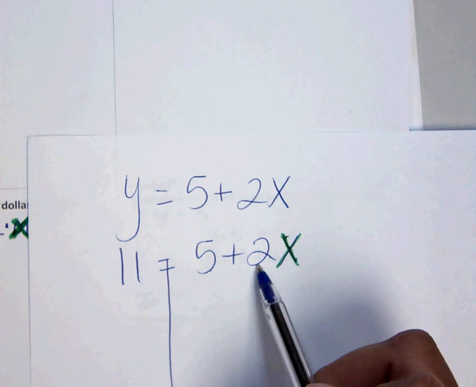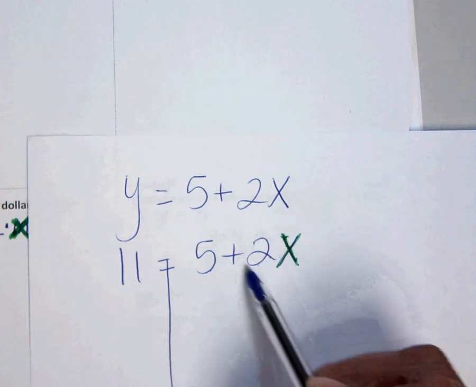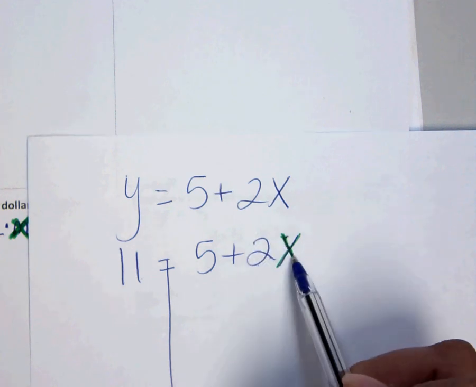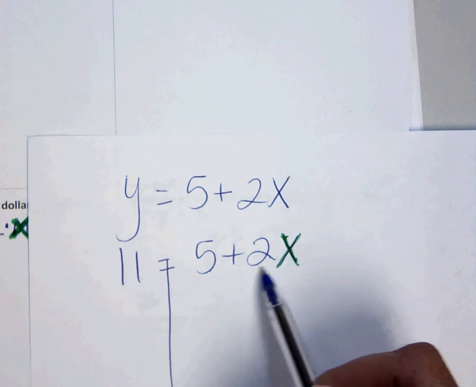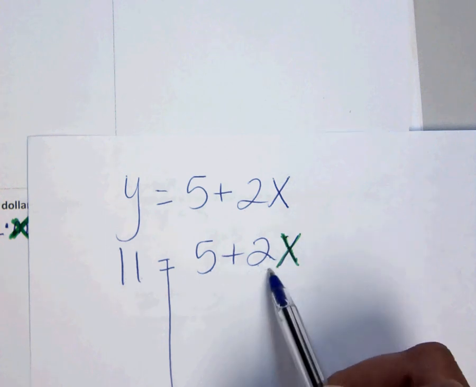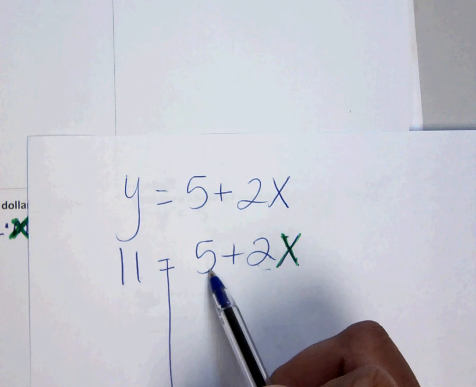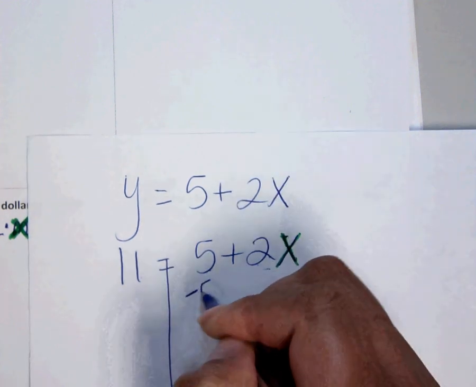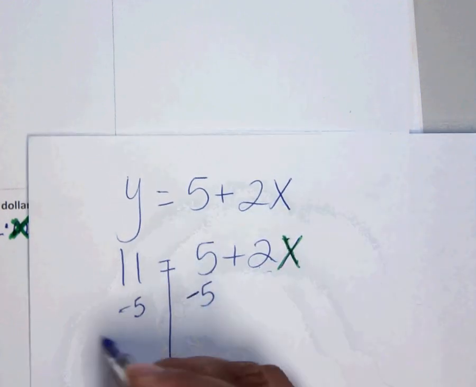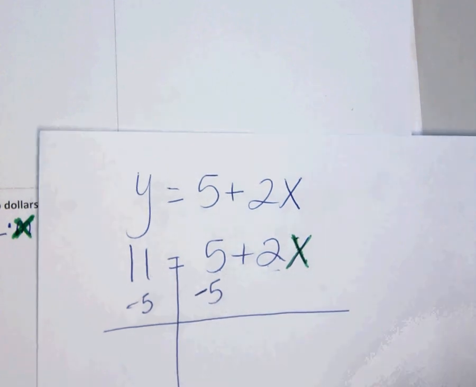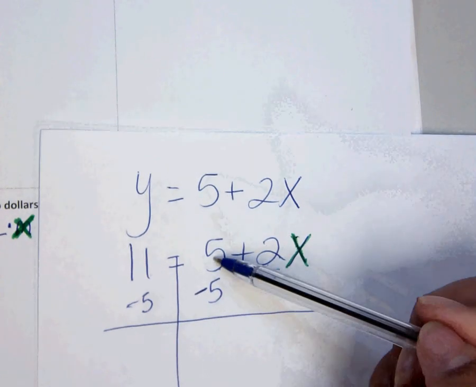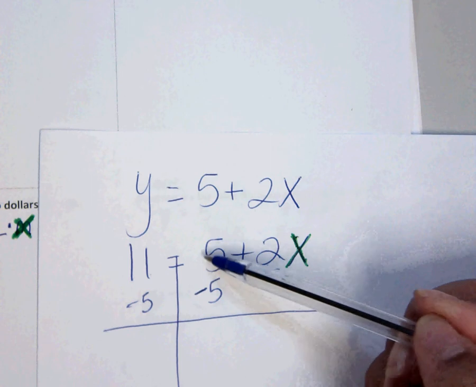Which one goes first? Well, the number touching this variable, I move it last. And remember, this is a coefficient. Move him last. So what do we move first? The 5. So, minus 5. Why did I do minus 5? The inverse operation of this, it's positive.